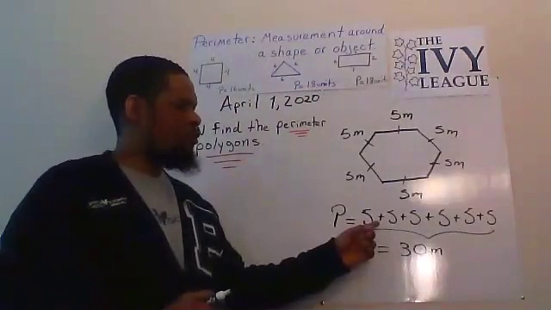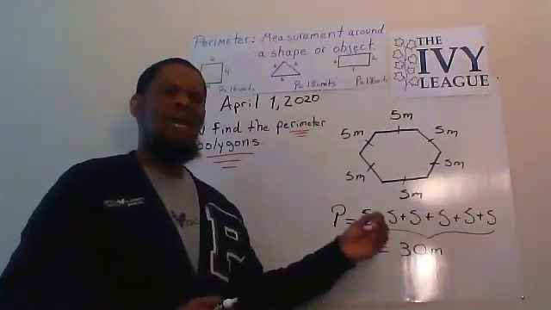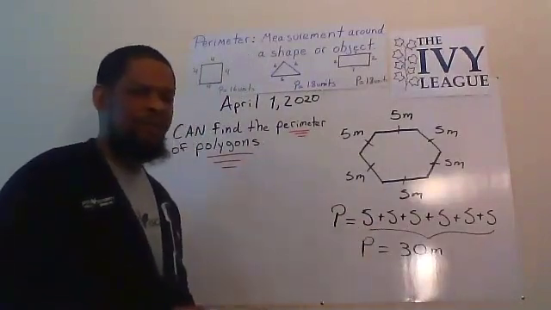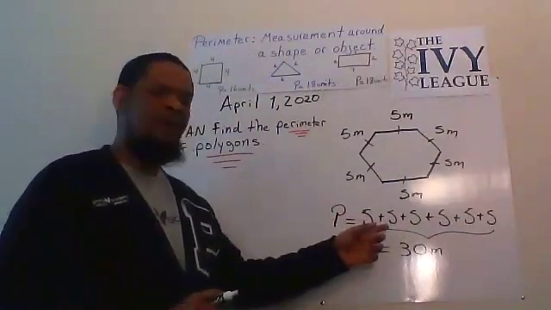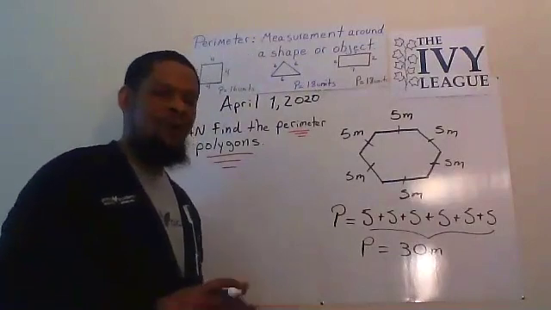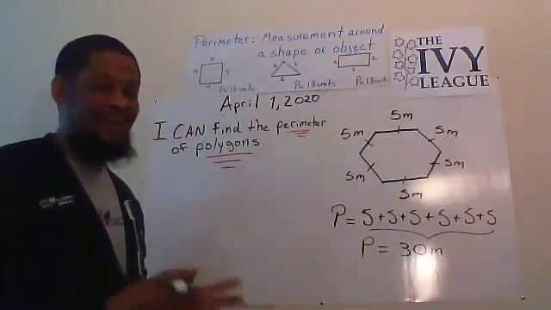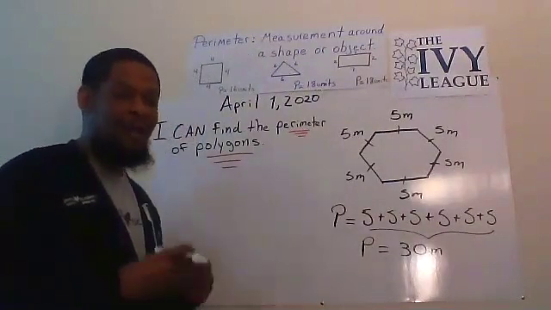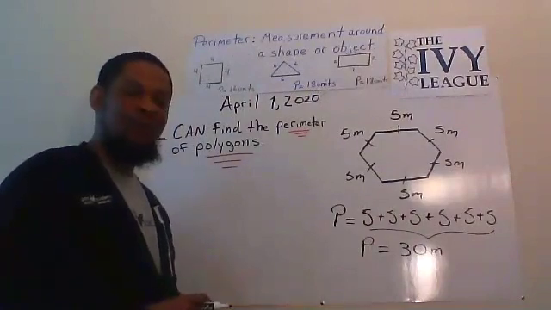This equation we wrote with 6 5s looks like repeated addition. And I know from our past lessons, we can write another number sentence that represents this repeated addition sentence. Does anybody remember what equation we can use?